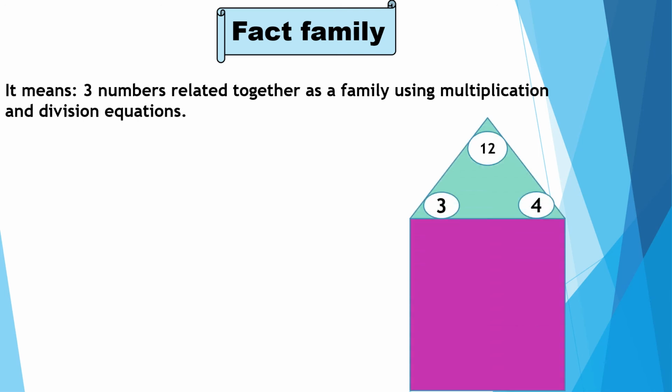We have our home for this family, and this family consists of three numbers: the big number, which will be at the top, and two other numbers. We will express this family and relate it by four equations, two multiplication and two division. We have three numbers here. Let's write the first one.